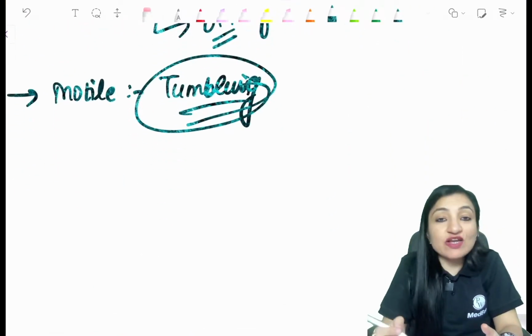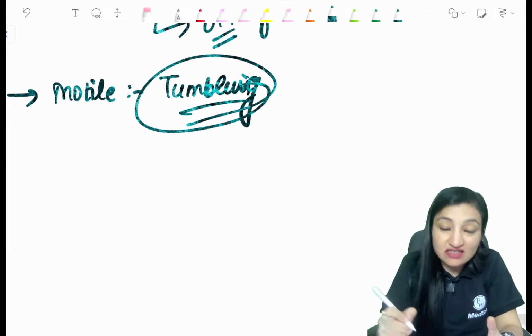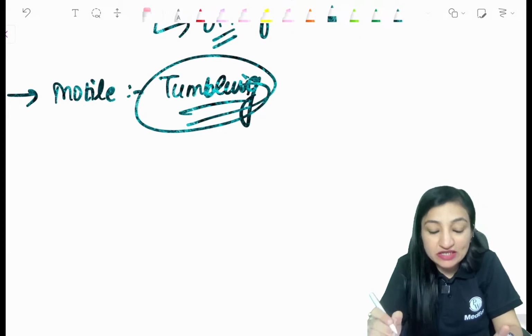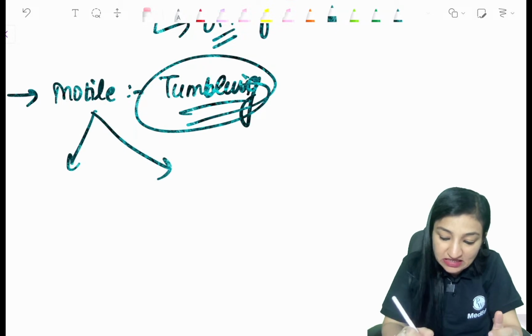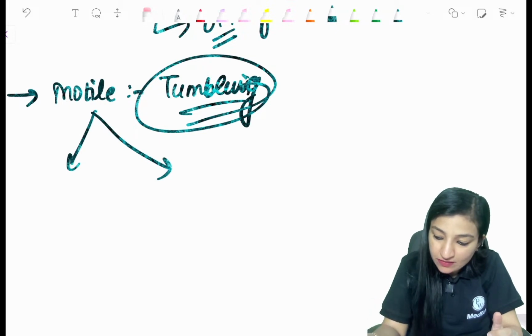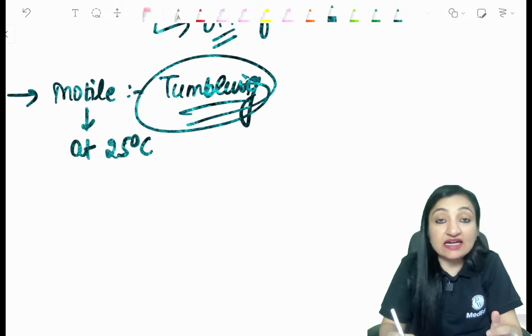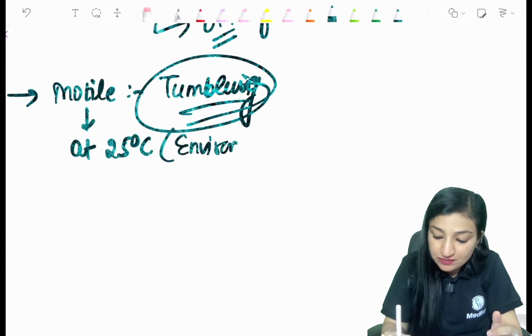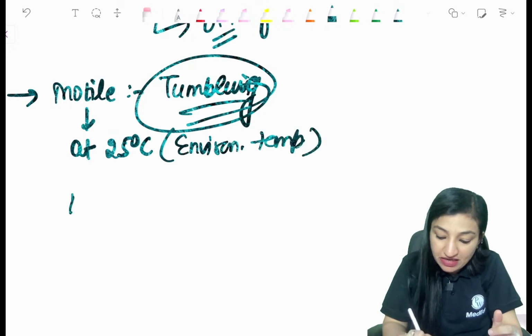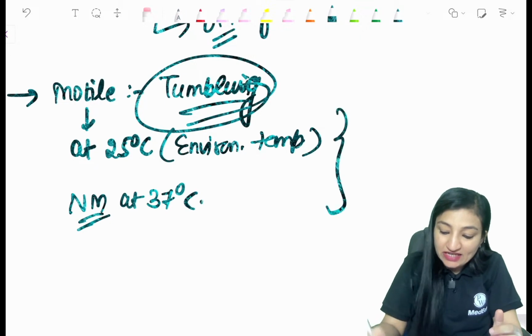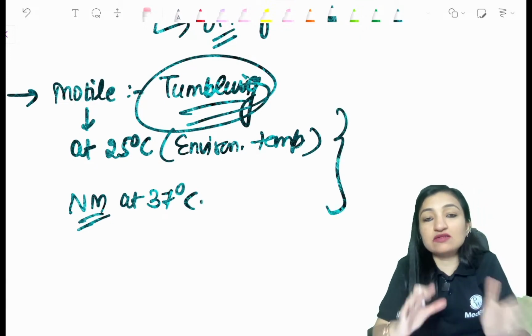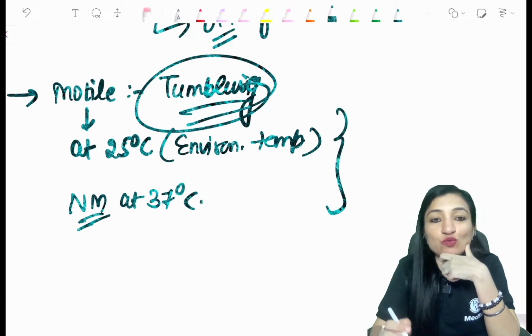Then, we have seen that it is motile, and the next important feature pertaining to motility which you need to remember is that it is motile at 25 degrees Celsius, that is the environmental temperature, whereas it becomes NM, that is non-motile, at 37 degrees Celsius. Now I'll tell you both the real reason and a memorizing tip to remember this.